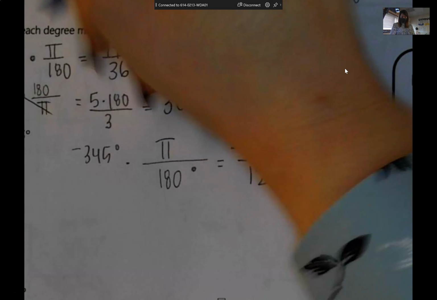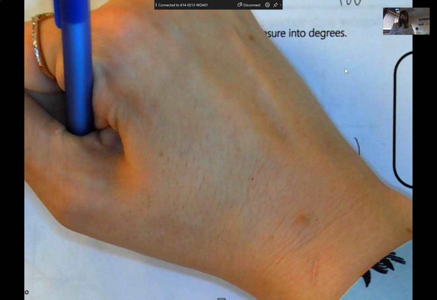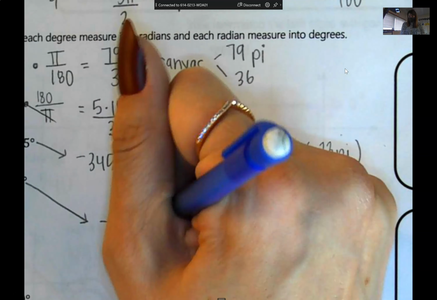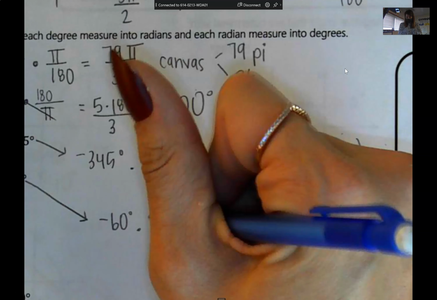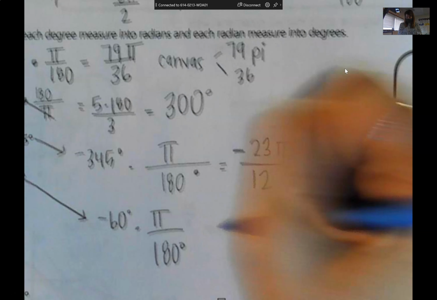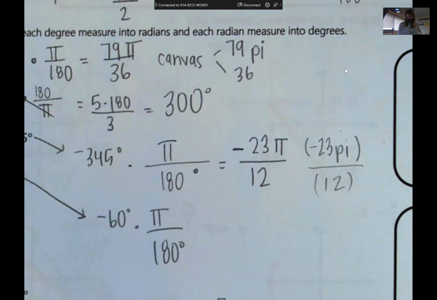You guys are doing 60 degrees? Negative 60 degrees? Okay, you guys try negative 60 and then we'll do 5 together.